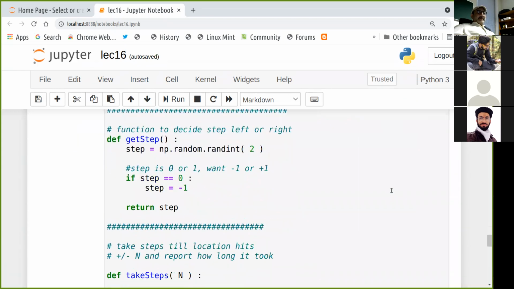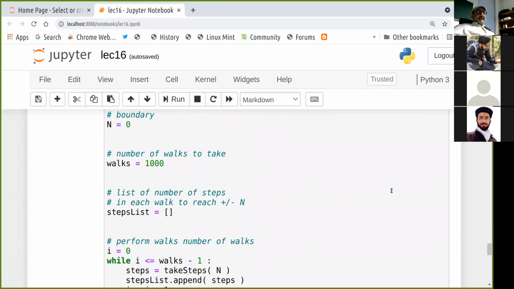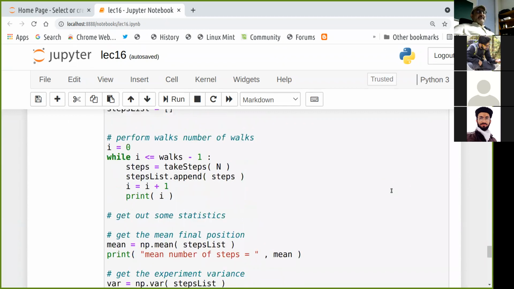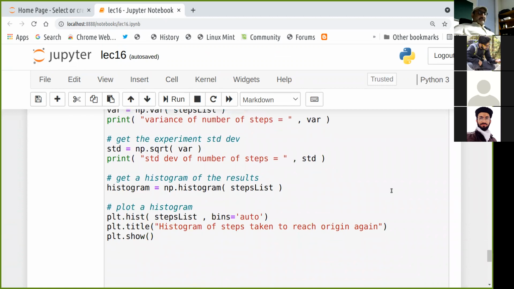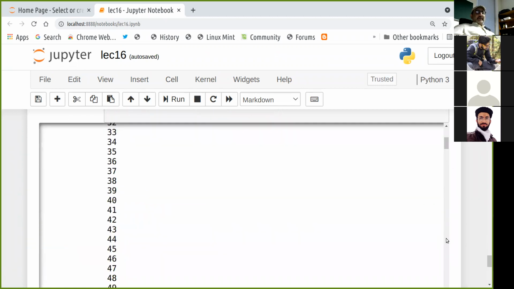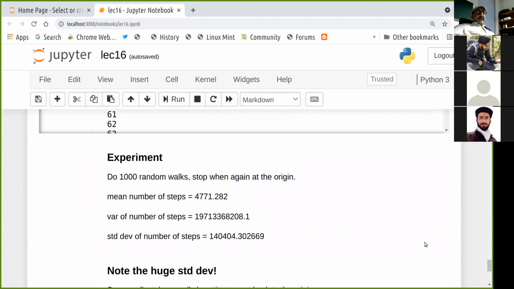Then we'll see what the results are for that. Basically, I've changed my boundary to 0 compared to the previous model. I did 1,000 random walks, started the walker going, stopped the walk when I was back at 0, and counted the number of steps it takes.